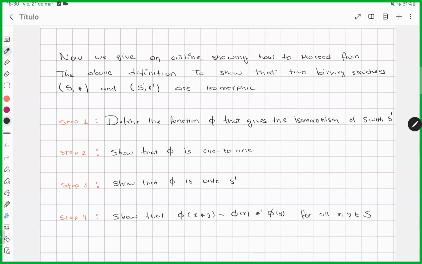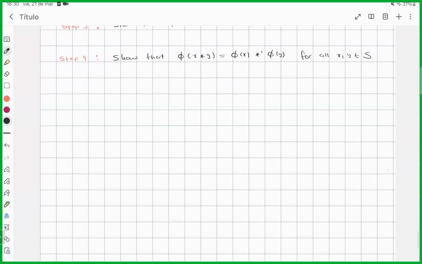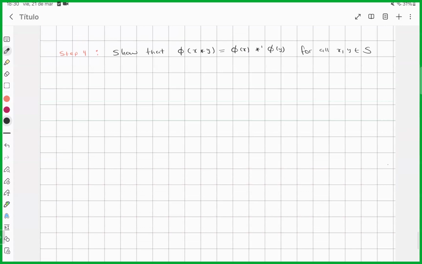Okay, so let's do it now in an example. So let's see an example.